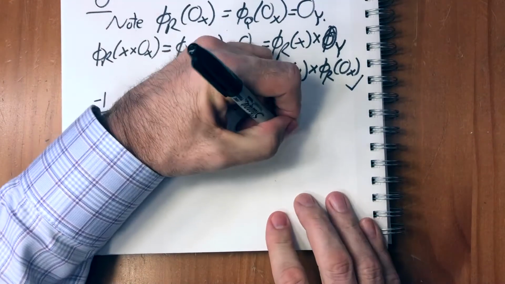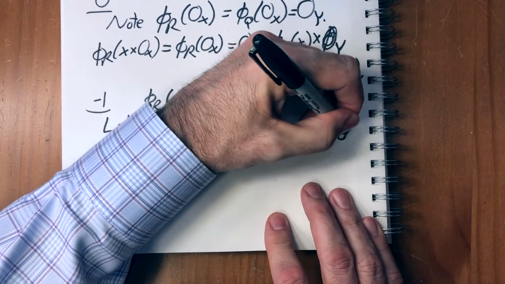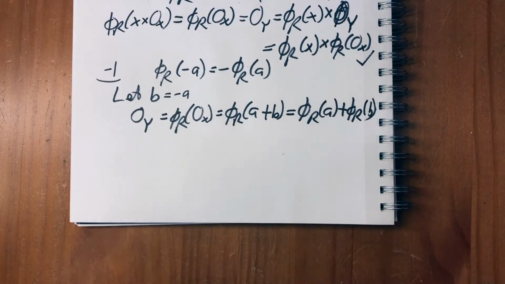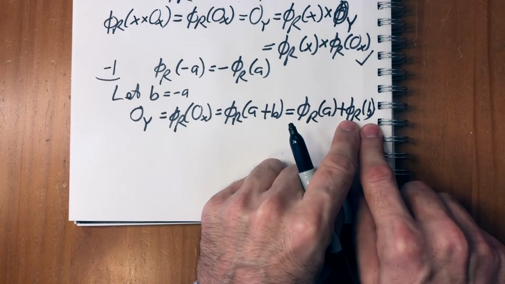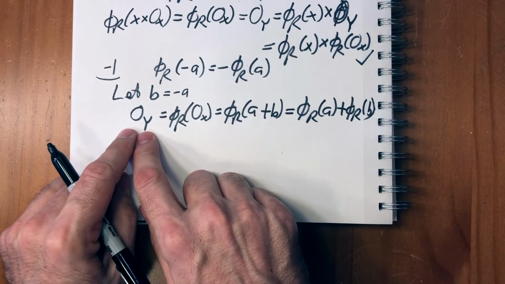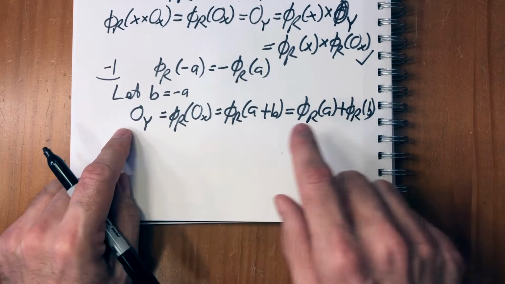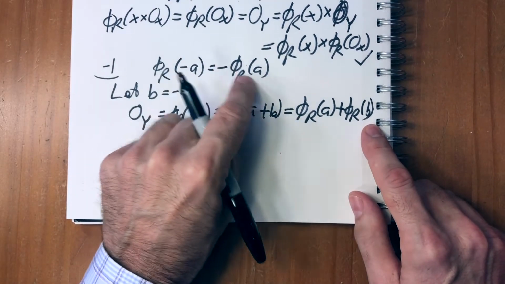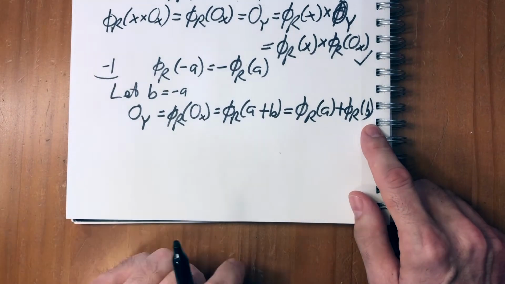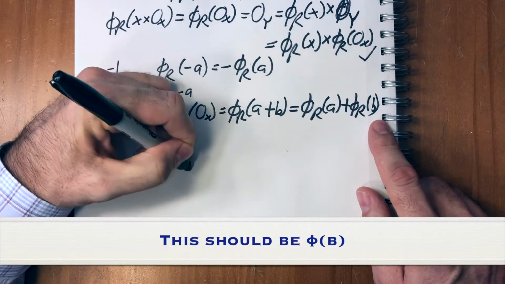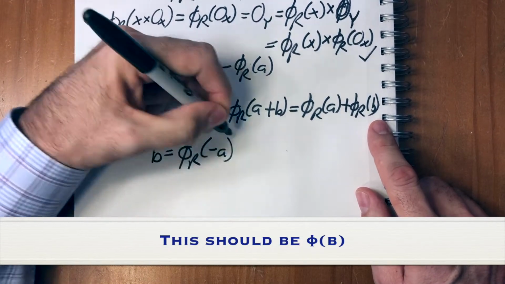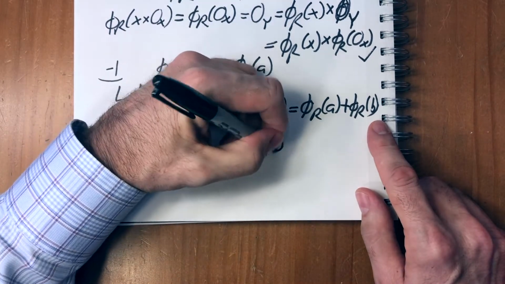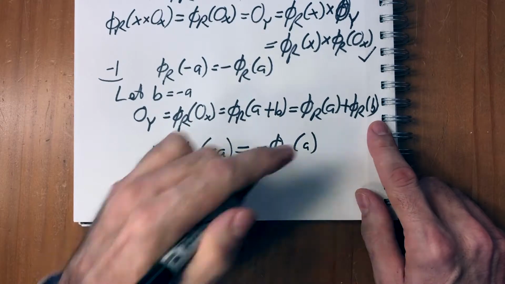And this equals phi r of a plus phi r of b, because phi r is additive. So what we just showed is that phi r of a plus phi r of b equals 0. That means that this must be the additive inverse of phi r a, which is minus phi r a. So we just showed that phi r of b, which is phi r of minus a, has to equal the inverse of phi r a, which is minus phi r a. So that's what we wanted to show.